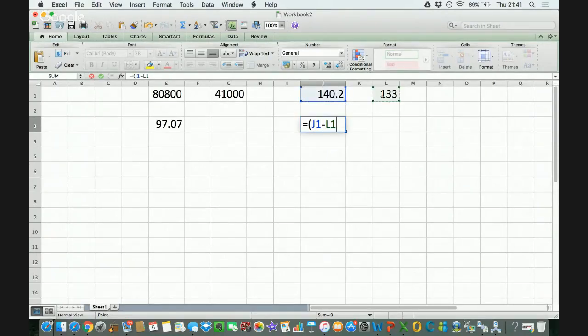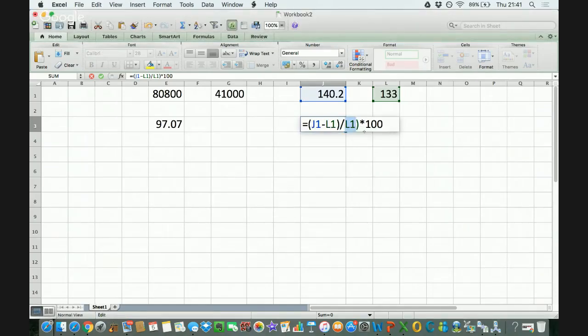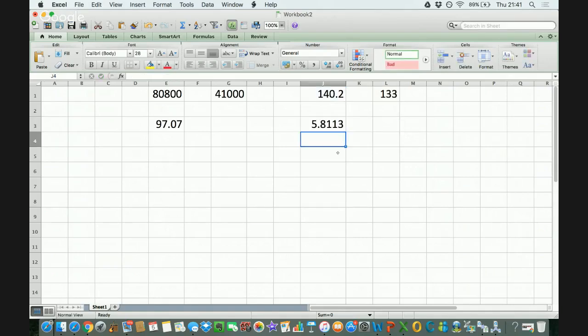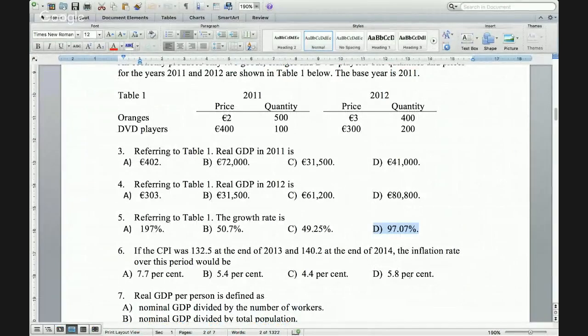New minus old divided by your old figure. We can multiply that again by 100 to get it as a percentage. That gives .81%. And there we are, 5.8%, option D.